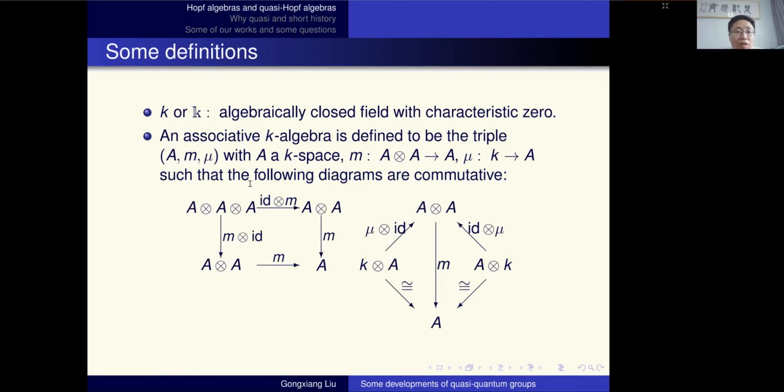The first diagram means it is associative. The second diagram means it has a unit. So that is the associative K-algebra definition.